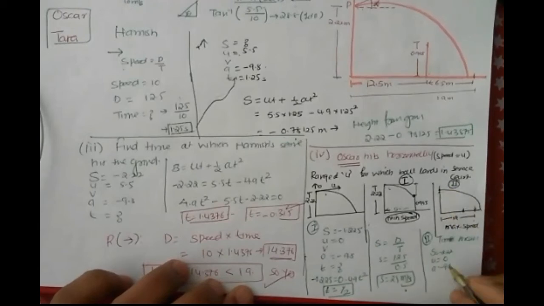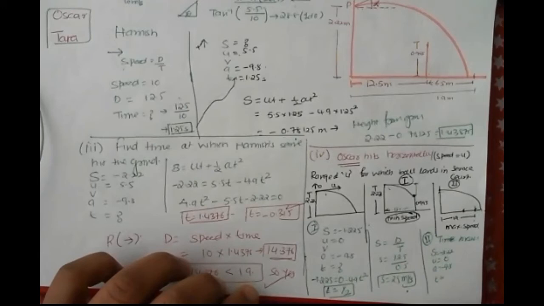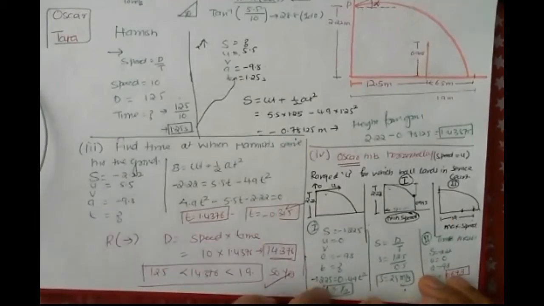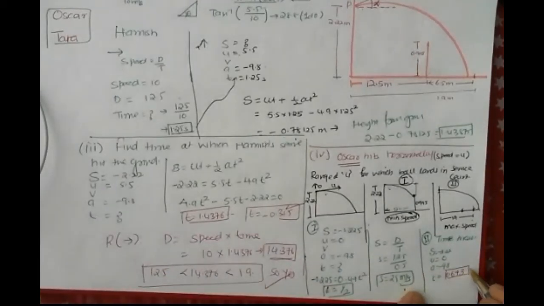This is vertical again, and we're going to work out the time. Use suvat again, work out the time for it to reach the ground, then match your answer with mine. Pause it. Which comes out as 0.673 and so on.